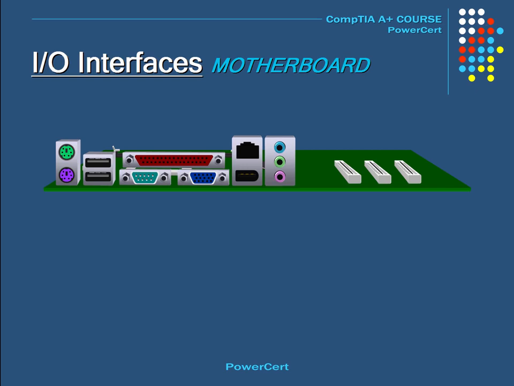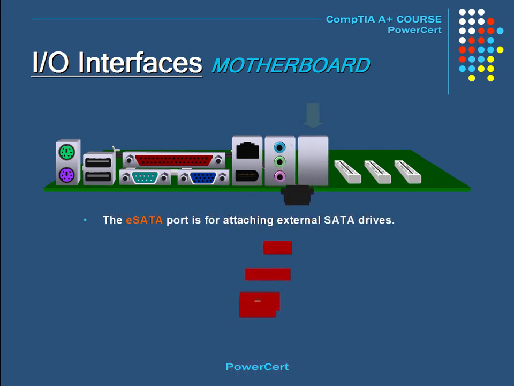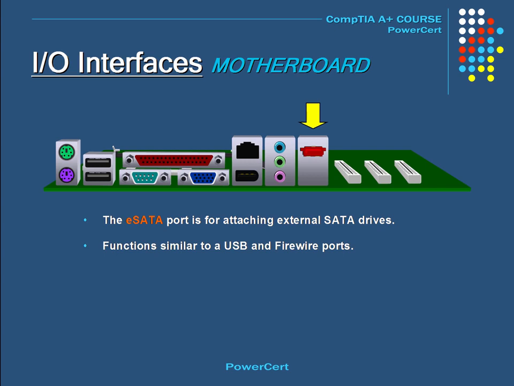Some motherboards have a SATA port on the rear input-output panel. This is known as eSATA or external SATA. eSATA is for attaching an external SATA drive to a computer. For example, an external SATA hard drive. It functions similar to USB and Firewire, but the transfer speed is faster.